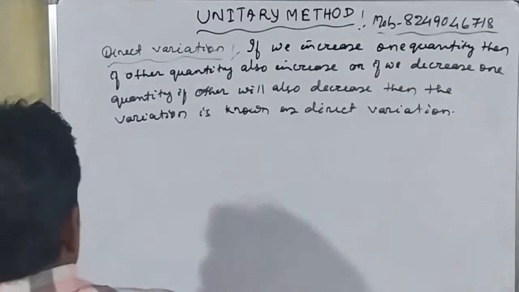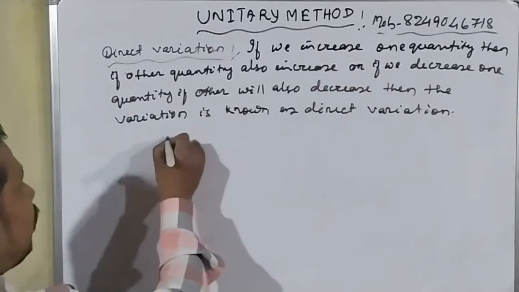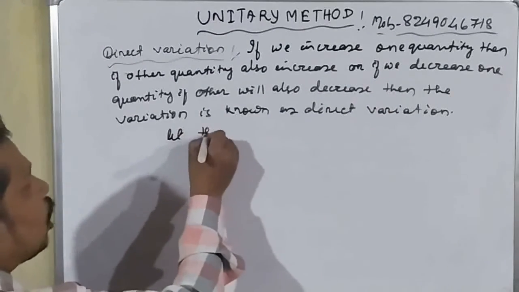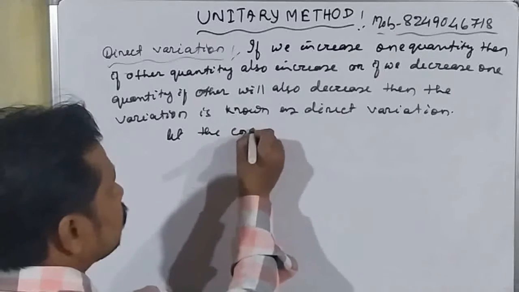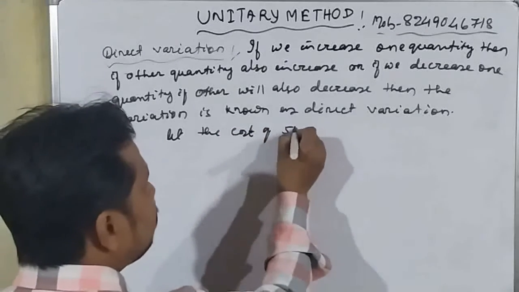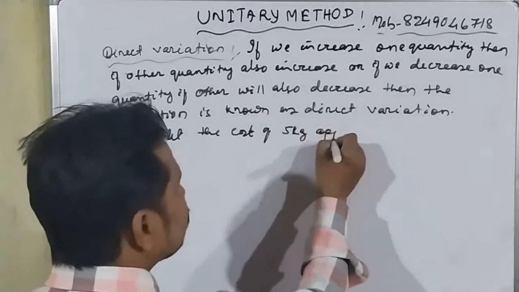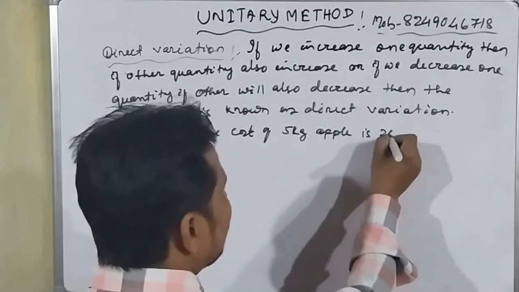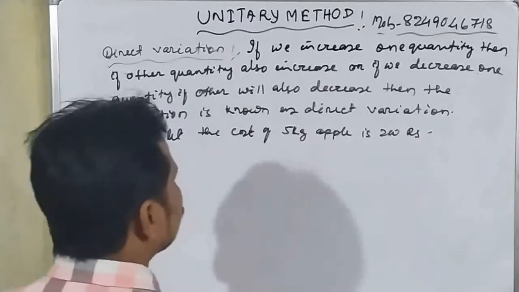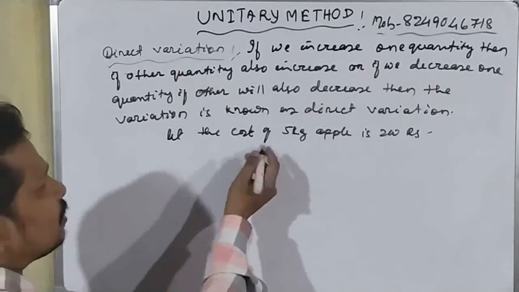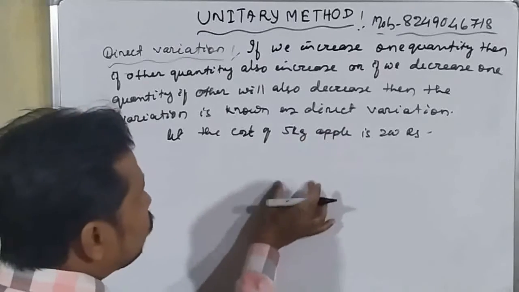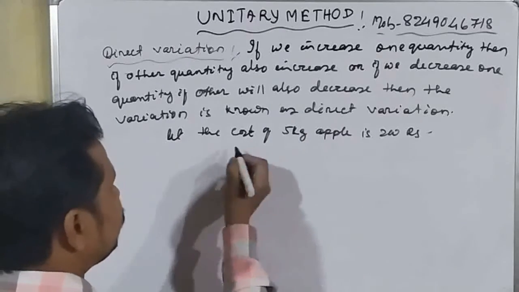Suppose here we will take some examples. So let the cost of 5 kg apple is 200 rupees.